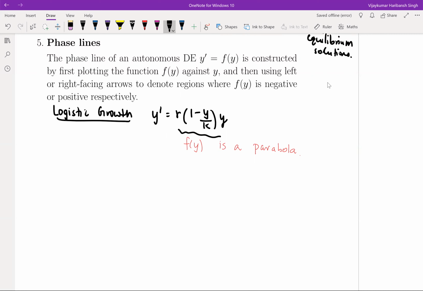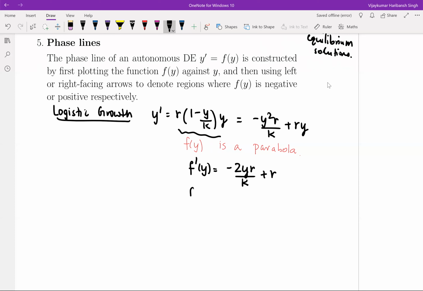So let's see what is the maximum value for this parabola. So we have f prime of y, so let's multiply this out here. We get minus y square times r by k plus ry. Now f prime of y is going to be minus 2y r over k, because r and k are constant, plus r.